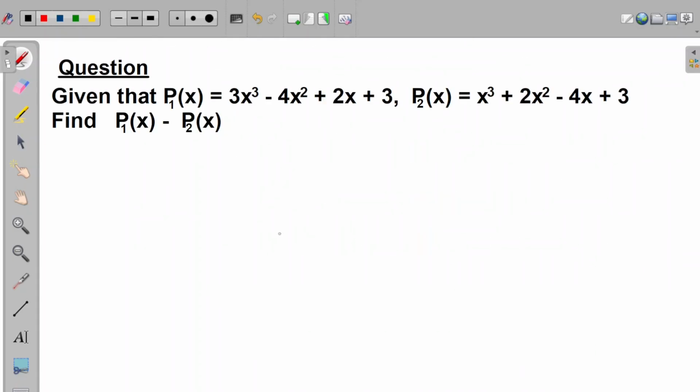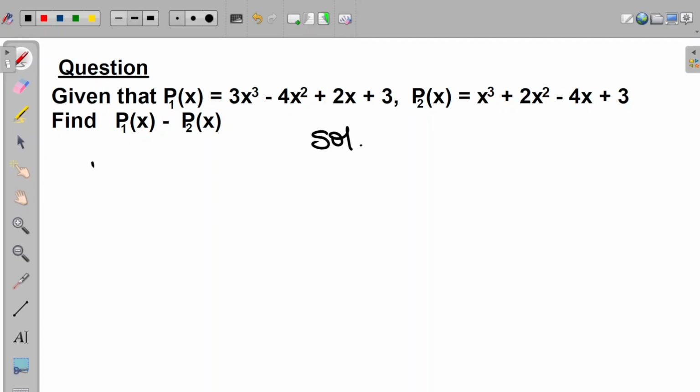Now let's move to the subtraction of polynomials. So at this point, we are given that P1 of x is equal to 3x cubed minus 4x squared plus 2x plus 3. And also P2 of x is equal to x cubed plus 2x squared minus 4x plus 3. We are asked to subtract P2 of x from P1 of x.